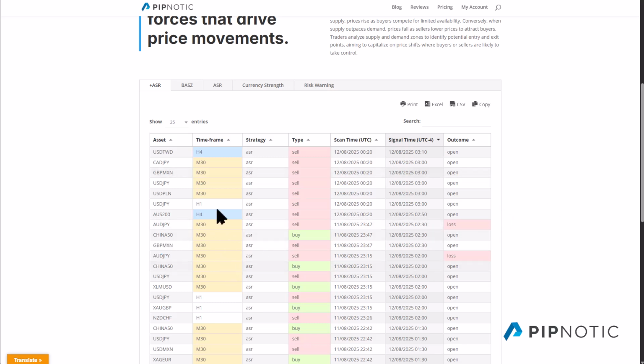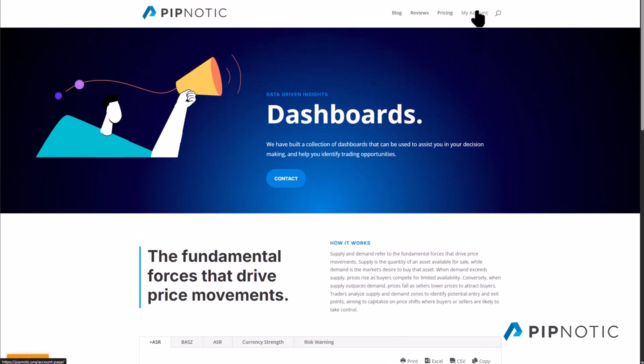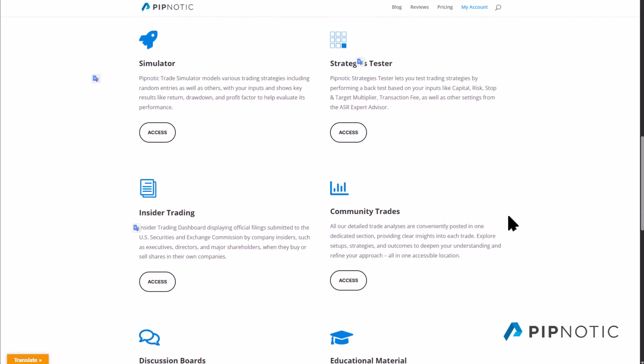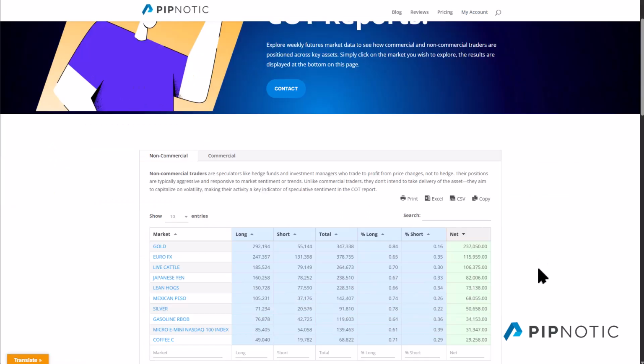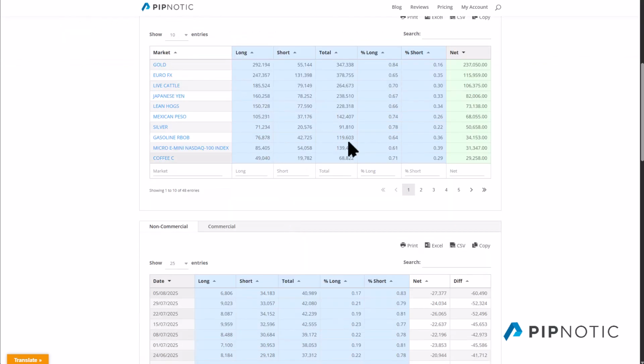Okay, good. So that was this table, and then there was something else that I want to bring to your attention, and that is, where's commitment of traders here? COT. I want you to pay attention to gold, because gold is doing something that's really interesting.